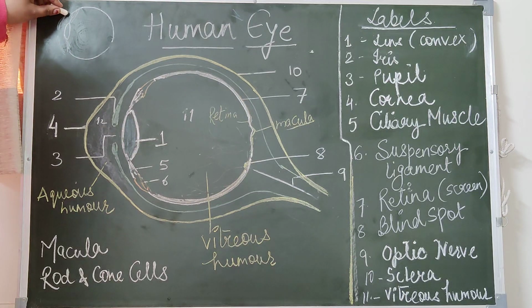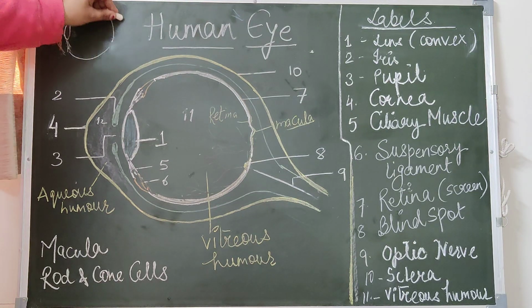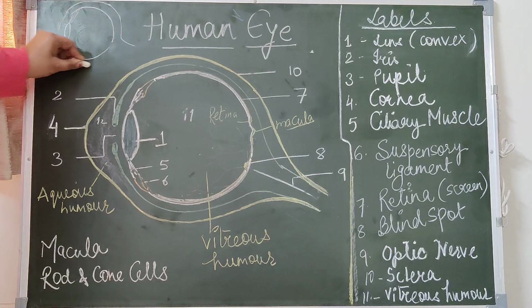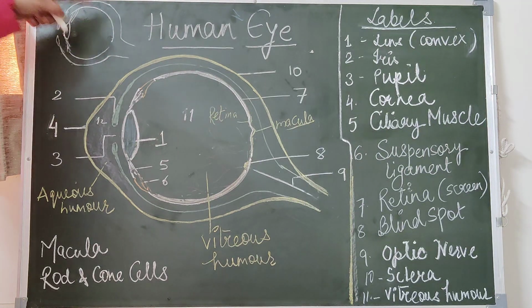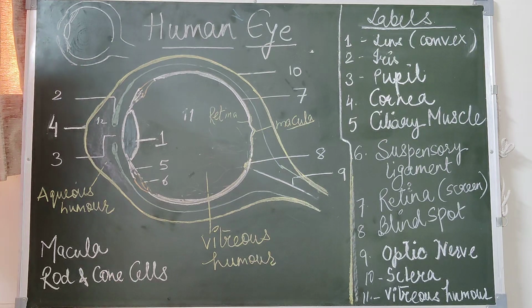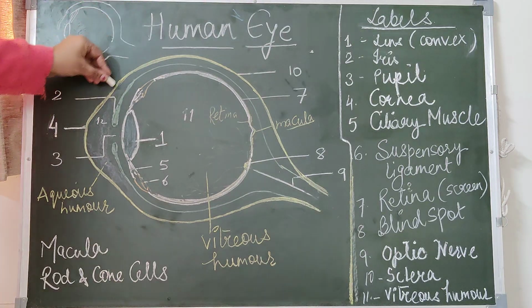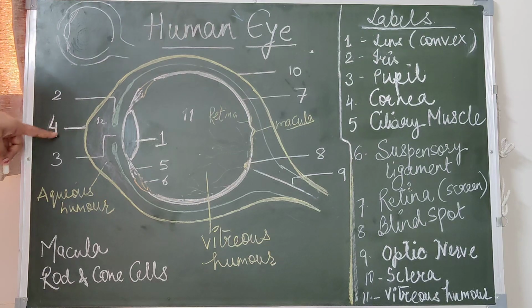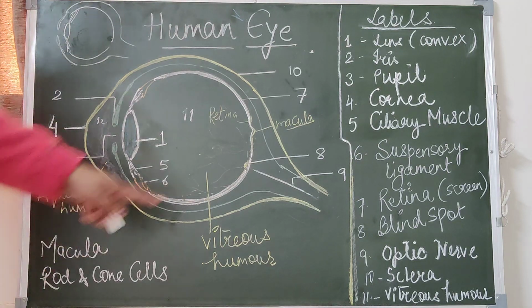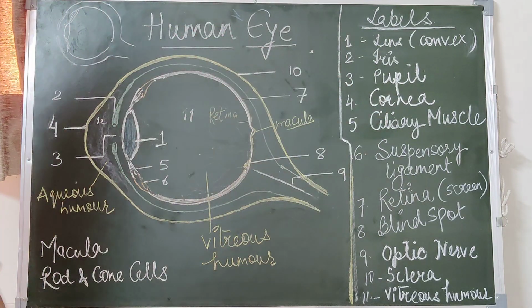Again this iris is taken back and makes a special cover again, and this is the second layer of the eye, and this is called the choroid layer. Then there you can see a bulge. This is a transparent bulge, transparent medium, and this is called, I have given it number 4 here, and you can easily see it is cornea.